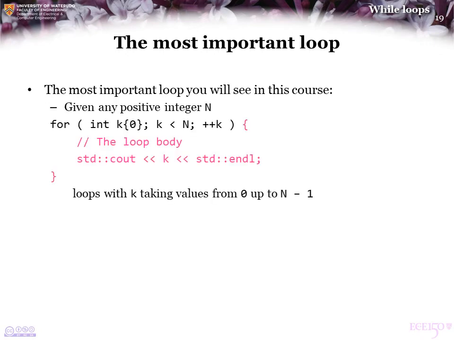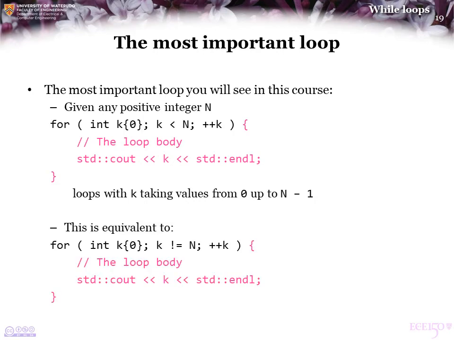But the most important loop you will see in this course is one where k is initialized with the value 0, and this loop will continue as long as k is less than n. So basically, k takes on all integer values from 0 up until n-1. If you prefer, you can use the following structure.